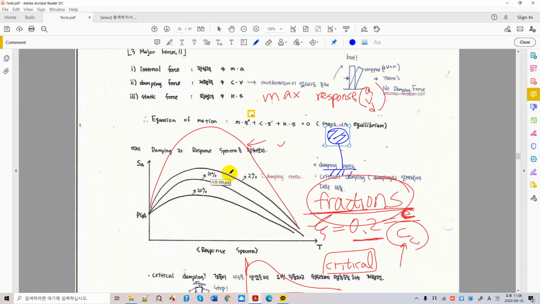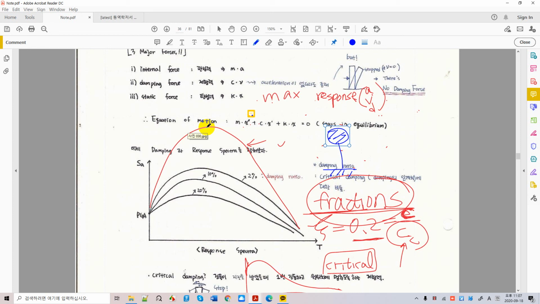Okay, let me repeat one more time. Your response spectra is the maximum response of your three things, either accelerations or velocity or displacement. Okay, I'm not going to tell these three things anymore, because you feel tedious, right?